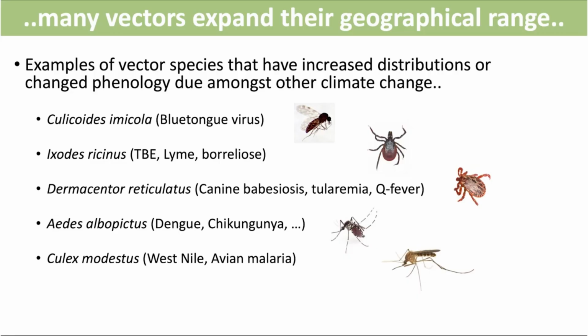It could, for instance, be biting midges transmitting bluetongue virus, tick species that can transmit Lyme, TBE, babesiosis, Q fever, etc. And of course, also mosquitoes, especially Aedes albopictus, known as the tiger mosquito, that can transmit dengue and chikungunya and Rift Valley, and also Culex mosquitoes transmitting, for instance, West Nile fever and avian malaria.